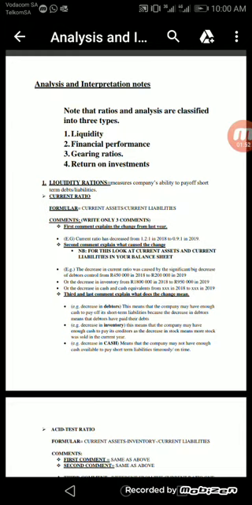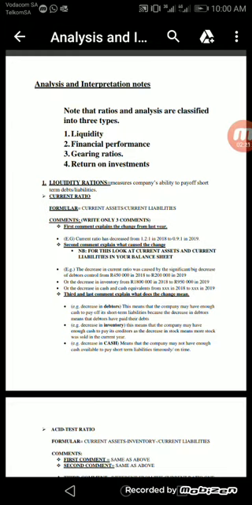We are going to be discussing ratios which are classified into 4. The sooner you know how to classify these ratios, the better and the easier it will be for you to understand them. Note that ratios and analysis are classified into... Please notice that mistake there.